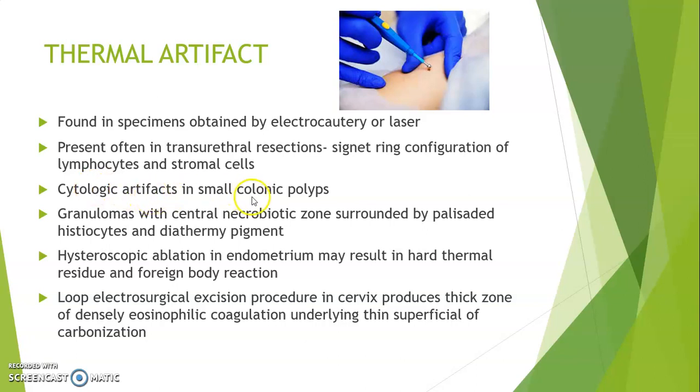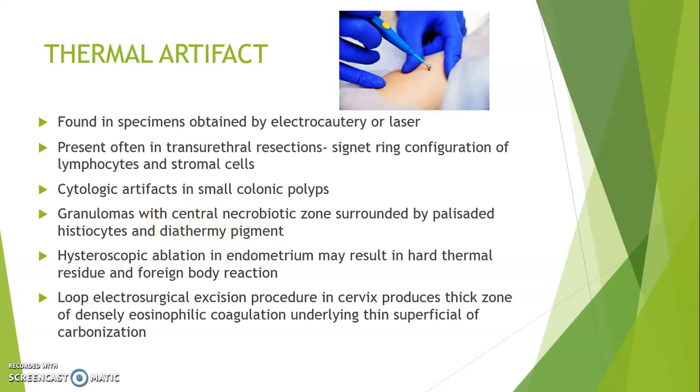Cytologic artifacts are seen in small colonic polyps. Granulomas with a central necrobiotic zone surrounded by palisaded histiocytes and diathermy pigment can occur. So electrocautery will lead to a granulomatous reaction against the diathermy pigment.